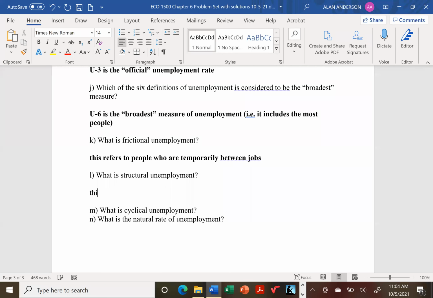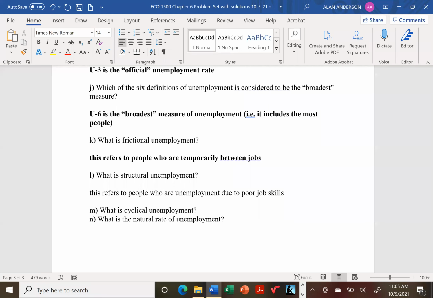now this refers to people who are unemployed because of poor job skills. I guess we can just leave it like that. That covers a lot of territory. In other words, that covers things like you have a skill that's no longer in demand.